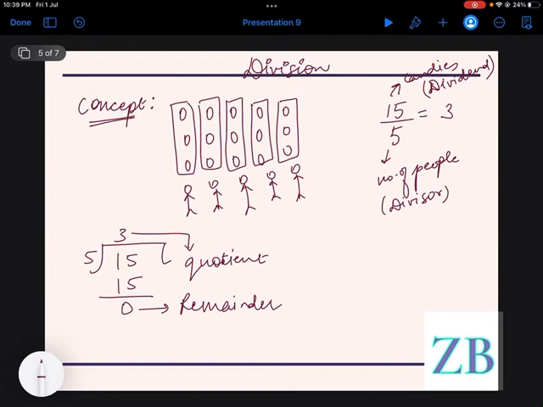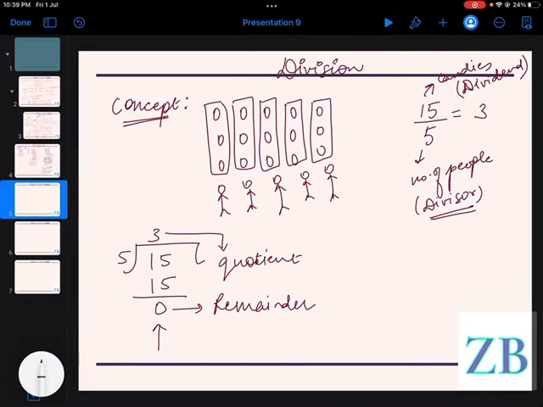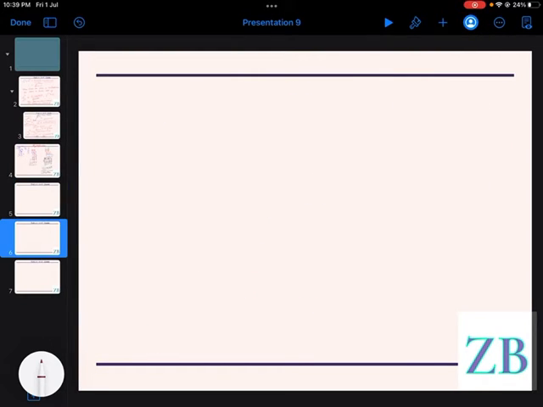So the maximum number of times the divisor goes into the dividend would be the answer. Mostly they would ask you the answer only. If they would ask you the remainder, you will have to tell them that this is the remainder. Right? Now we'll go on to understanding more.